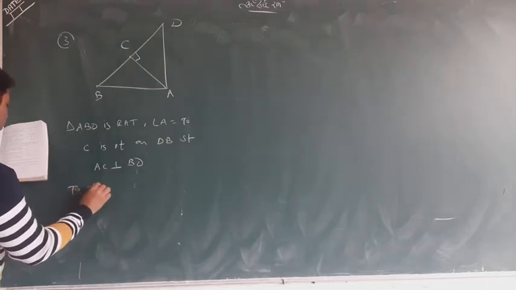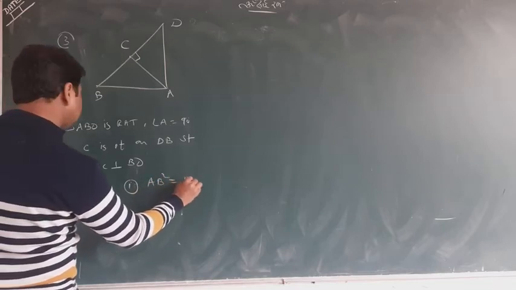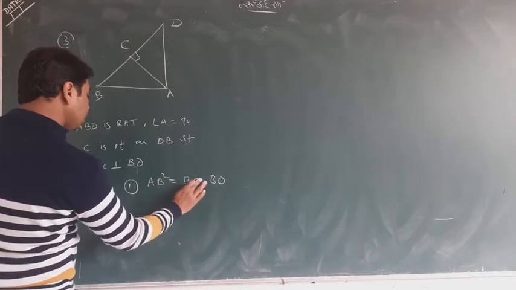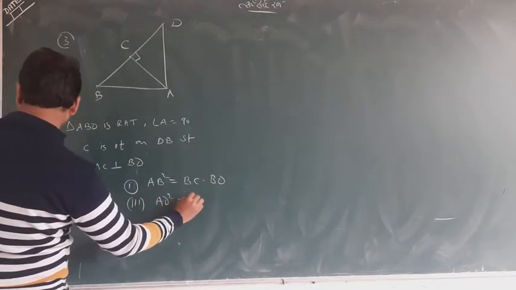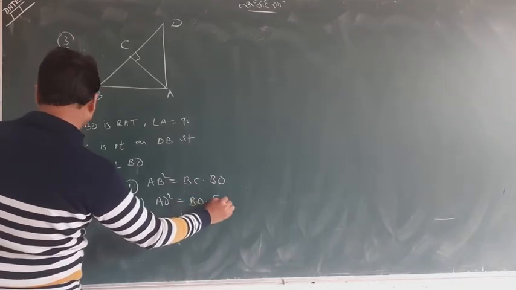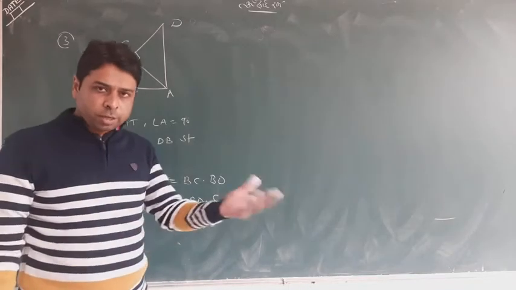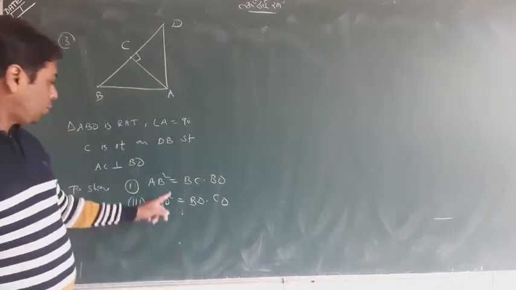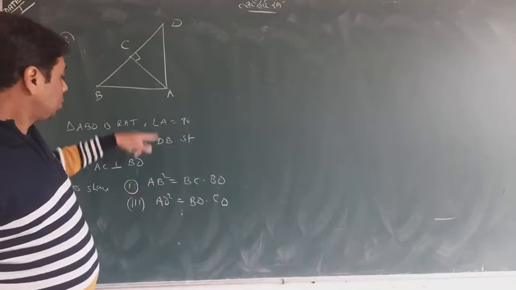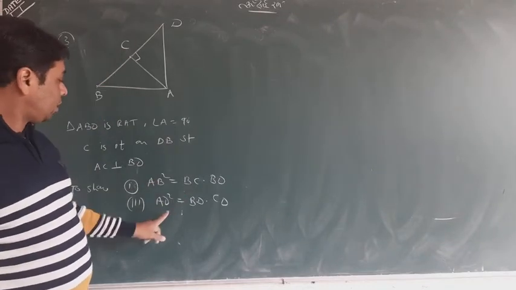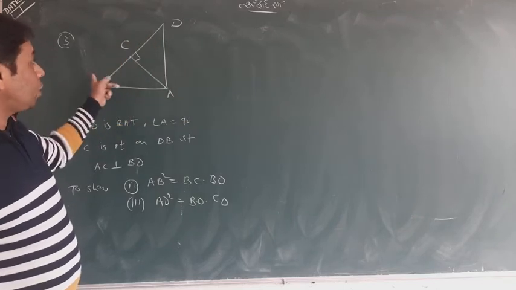To show: first, AB square equal to BC into BD. The third one you will make on your own, AD square equal to BD into CD. The second one I already taught you is the same as the previous one. Both are the same actually.